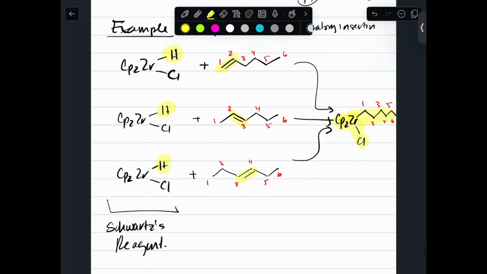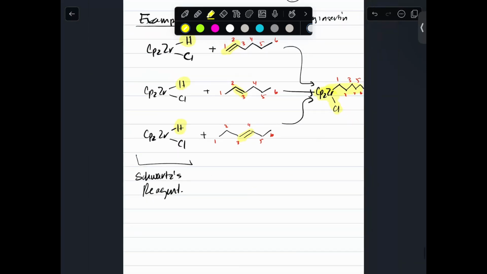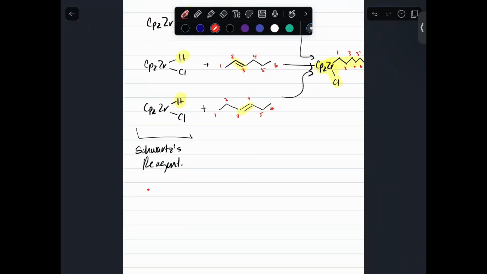And so what it shows is that the metal walks down the alkyl chain until it gets to the end.